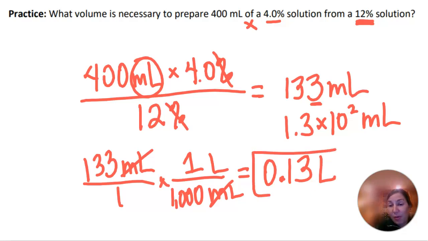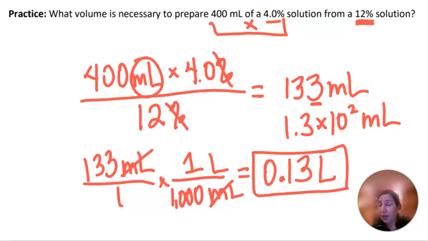So just 0.13 liters, and then you'll have your correct sig figs. So think of, go ahead and multiply, and then of what? Of the 12% solution. And so you're going to divide by that. So it's just kind of a quick, straightforward way to accomplish these types of problems.